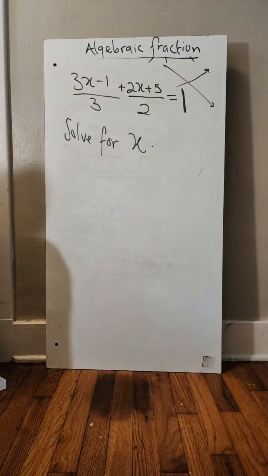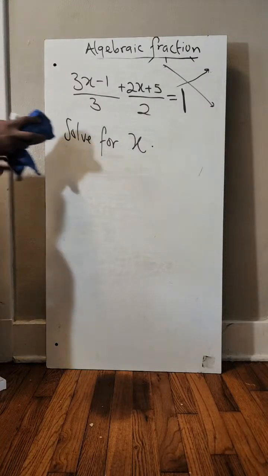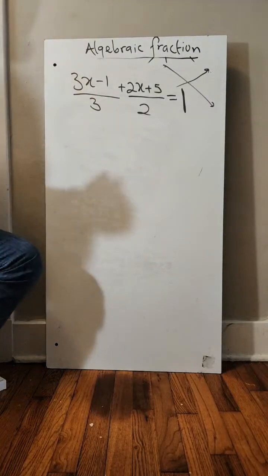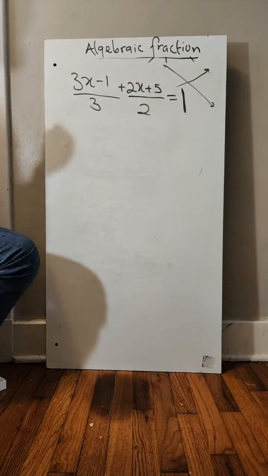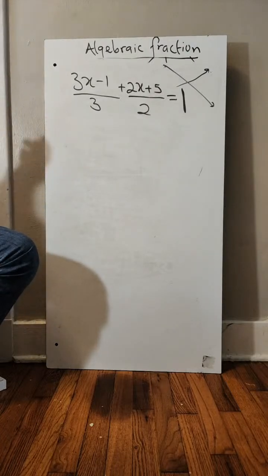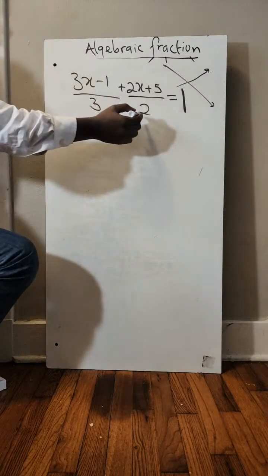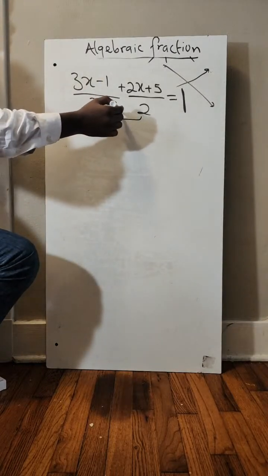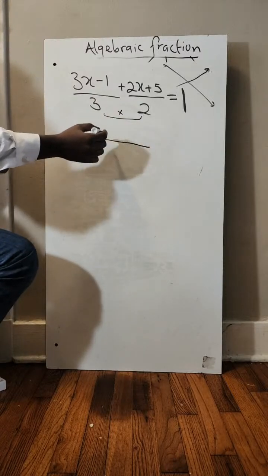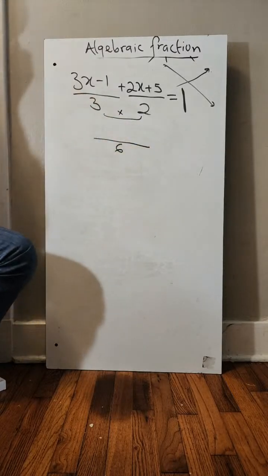Yeah, here we have to solve the left-hand side separately, and also we cross multiply with the right-hand side. And to do this, they are having different denominators. You multiply them together, which is 6.